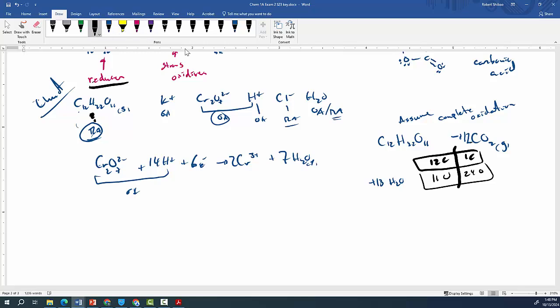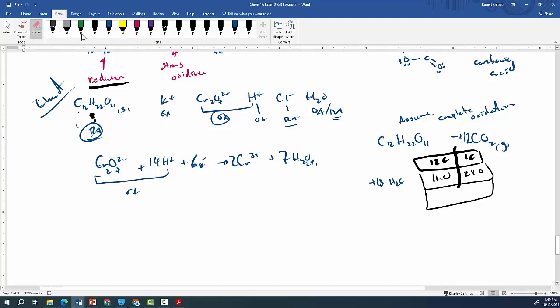And then we balance out the hydrogens. So over here, I have 22 plus 2 times 13, which is 26. 26 plus 22 is 48.